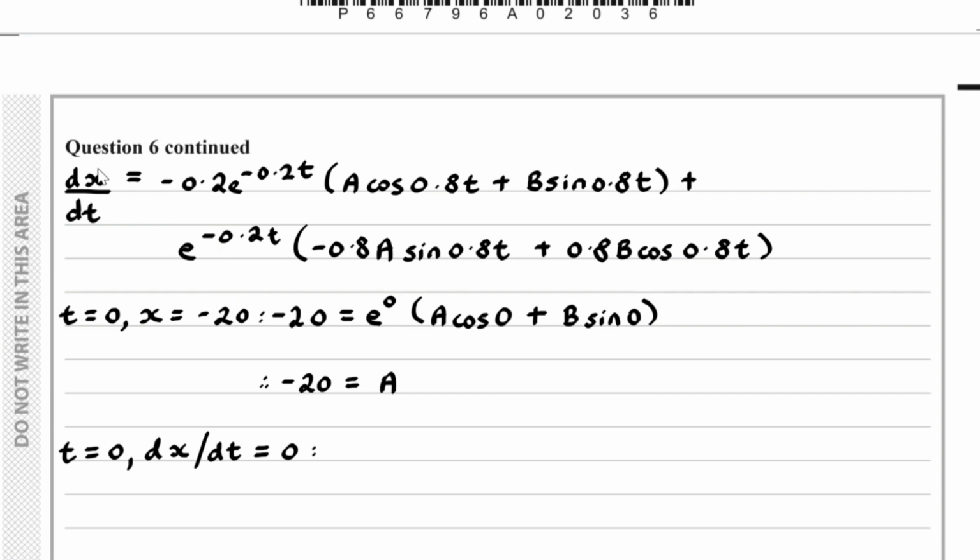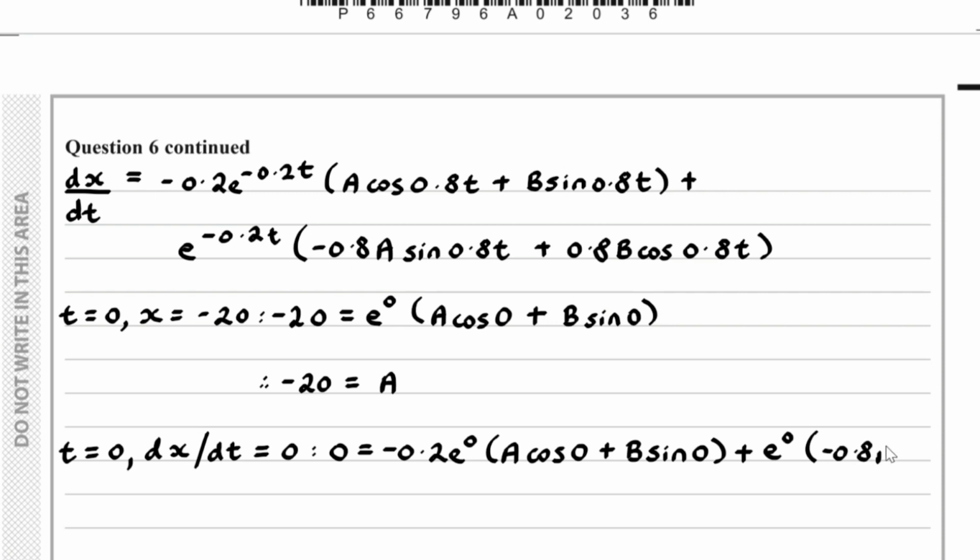So we have 0 equals e to the power of 0 multiplied by a times the cosine of 0 plus b times the sine of 0, plus e to the power of 0 lots of minus 0.8a times the sine of 0 plus 0.8b times the cosine of 0.